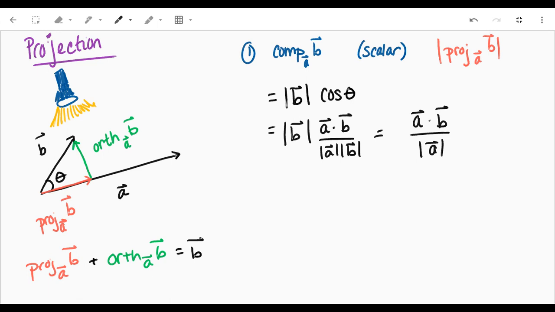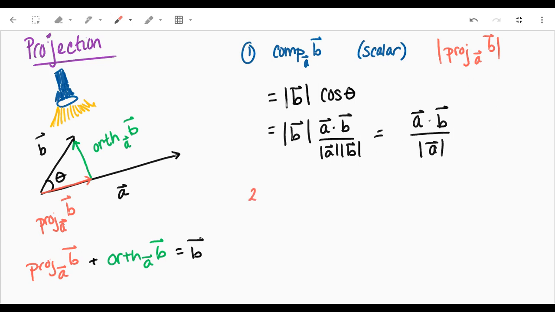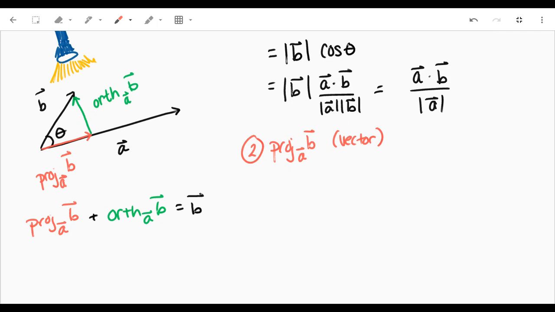Okay, so then the next thing we need to do is to get the projection, which is a vector. Okay, so all we need to do is take that magnitude, okay, that we got in part 1 there, and multiply it by a unit vector in the direction of vector A, okay, to get the direction there.